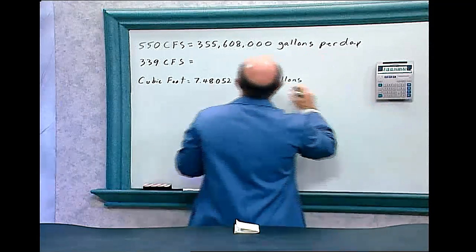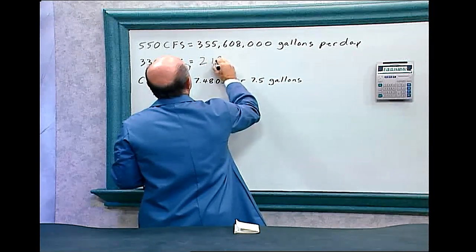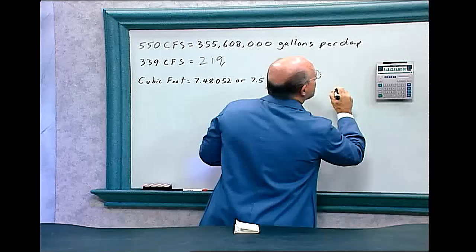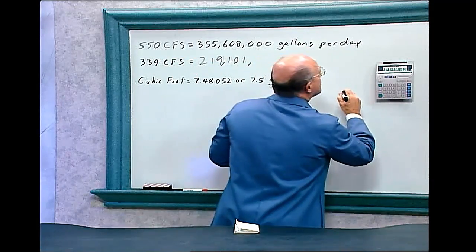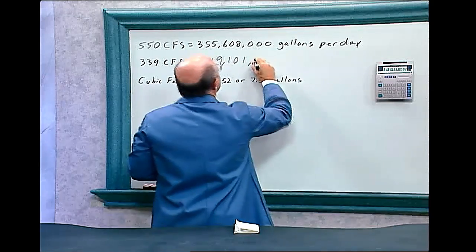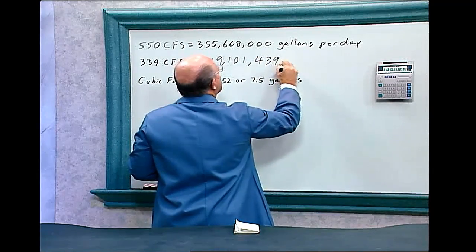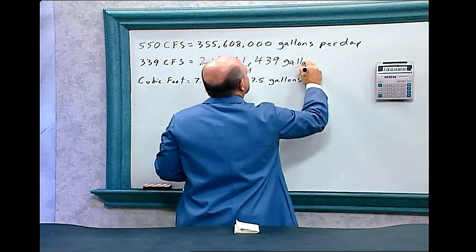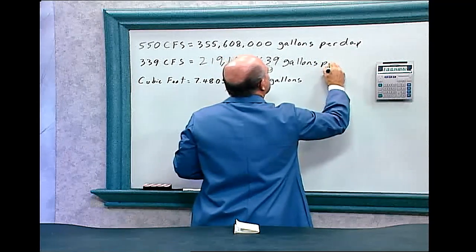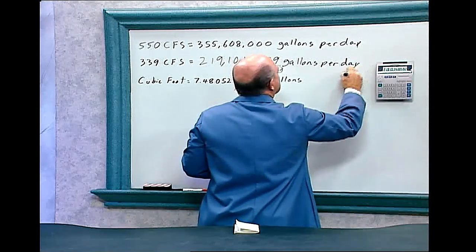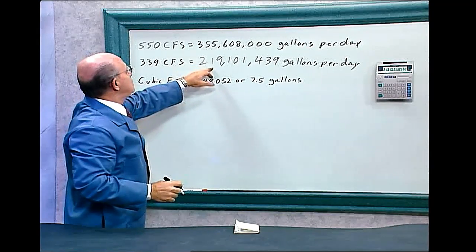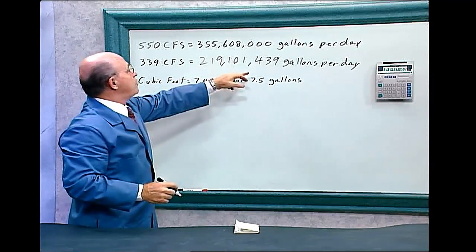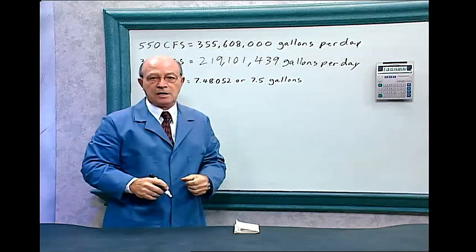So that number is 219,101,439 gallons per day. So in that day, it flowed 219,101,439 gallons on that day.